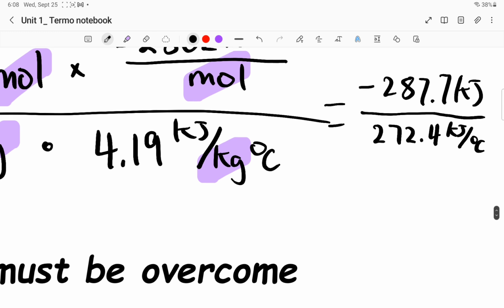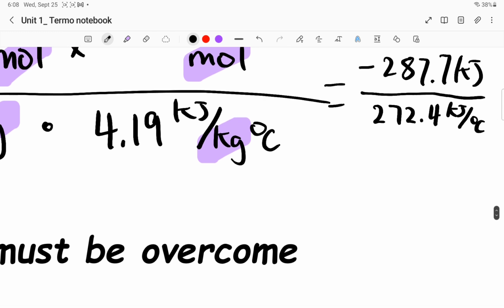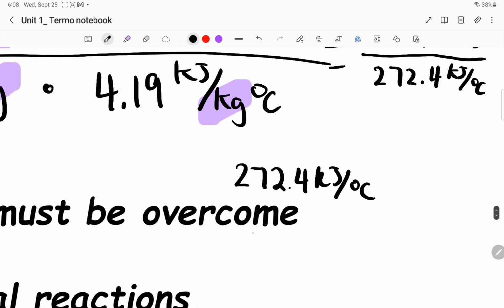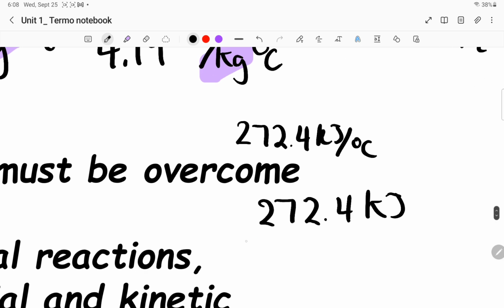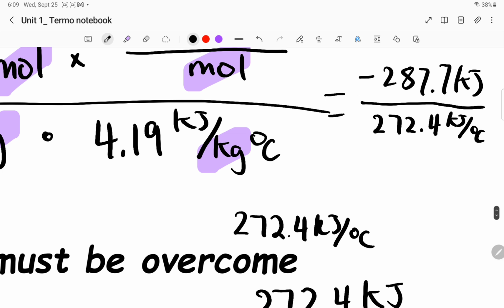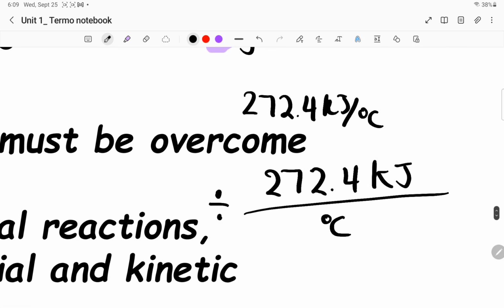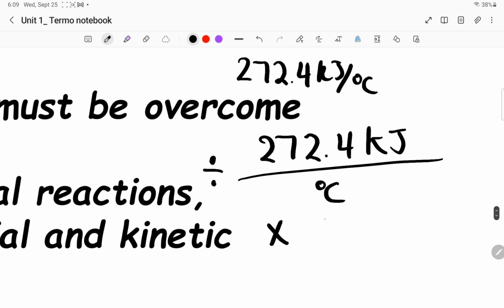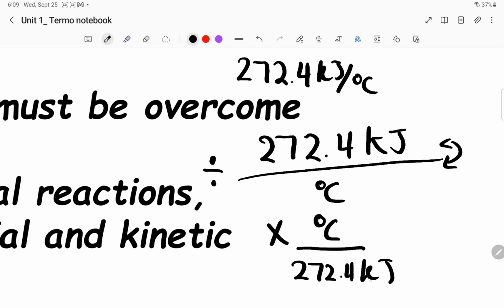All right, so now I'm gonna do something a little weird. 272.4 kilojoule per Celsius is the same thing as saying 272.4 kilojoule over Celsius. Now remember that fraction means division, right? So when you divide a fraction, it's the same thing as multiplying by the opposite. So if I flip these two, it's going to become degrees Celsius over 272.4 kilojoules.